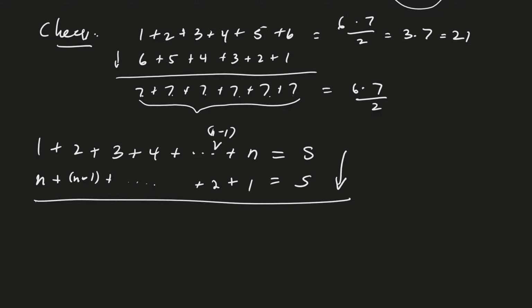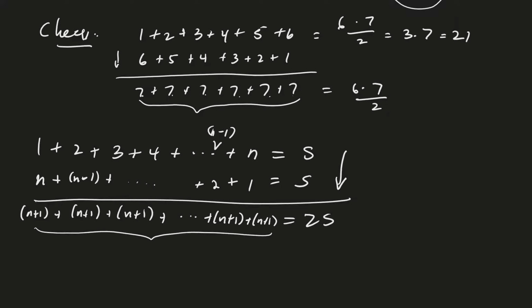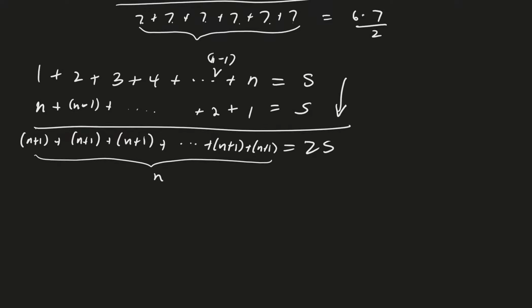When you sum straight down, we get that 2s is equal to n plus 1 plus n plus 1, plus n plus 1 plus n plus 1 plus n plus 1. Do you notice that? If we count how many we have here, we have n of them. Therefore, this whole thing on the left just becomes n times n plus 1, and that's equal to 2s.